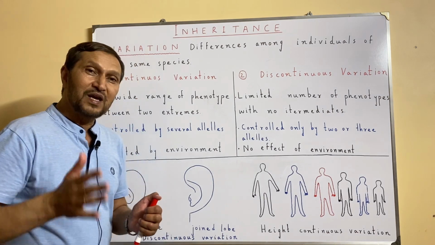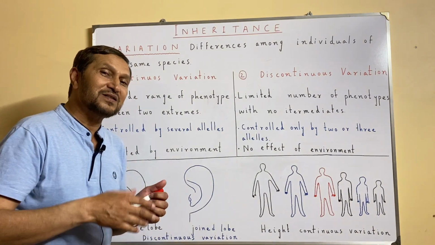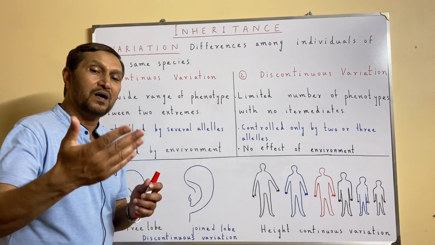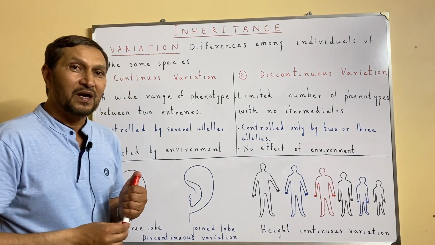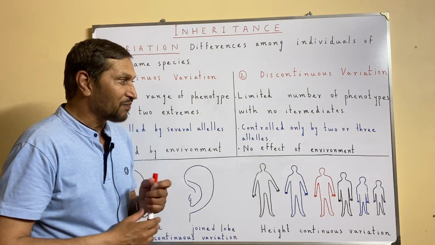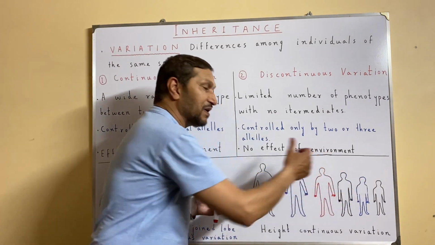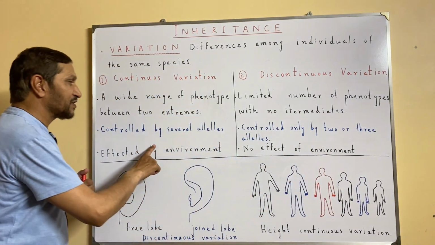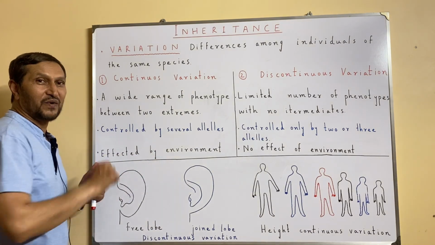But if that child is not taking calcium or vitamin D, and is not being given a balanced diet, then maybe his height will be less. Once again, it means that continuous variation is affected by environment.